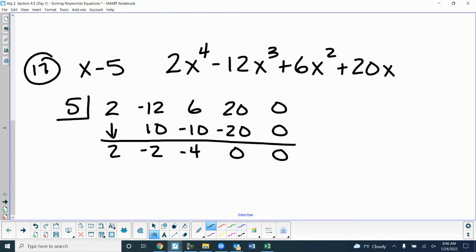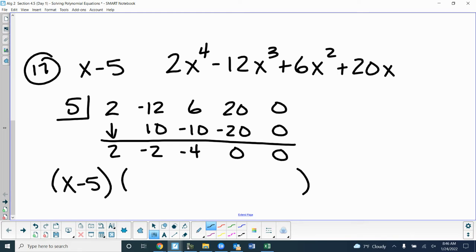Okay. So because the remainder is 0, that makes it a factor. Yes. Okay. So this first part makes this smaller polynomial.